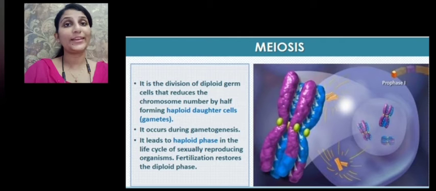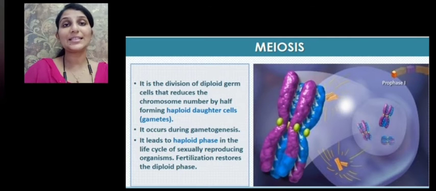It occurs during gametogenesis for the formation of gametes, in which the germ cells divide by meiosis to give rise to the gametes. It leads to the haploid phase in the life cycle of sexually reproducing organisms. That means only the gametes constitute the haploid cells in our body, whereas all the other somatic cells and all the other germ cells in our body except the gametes are diploid in nature.